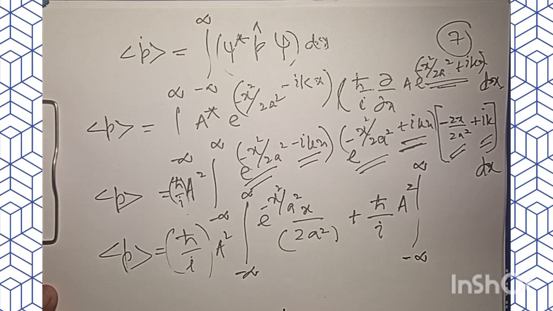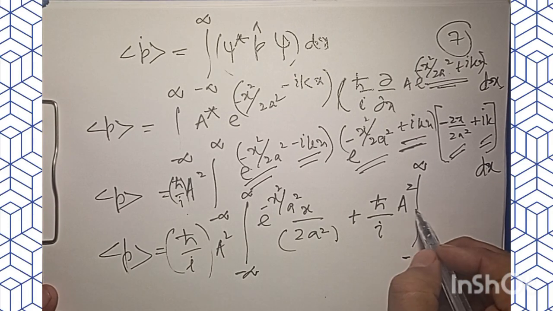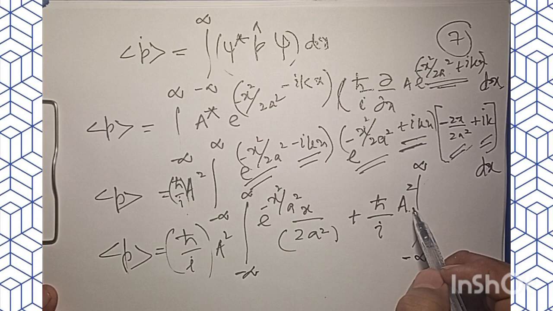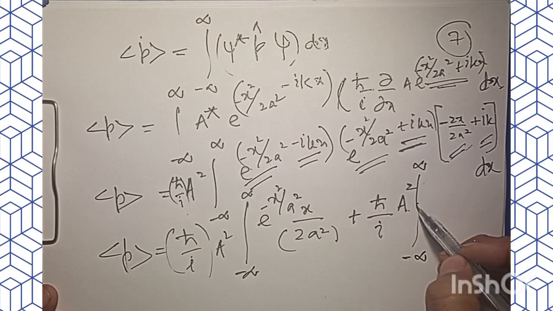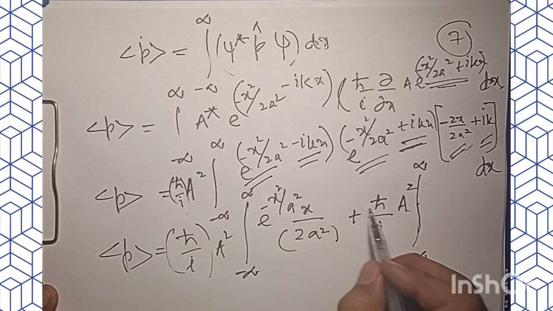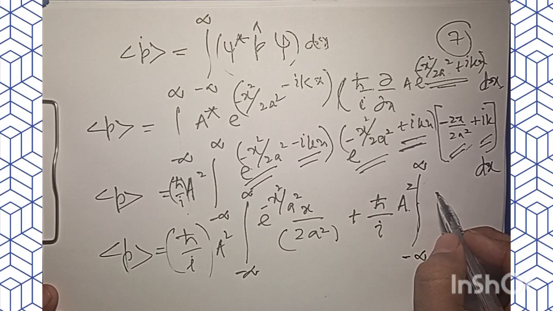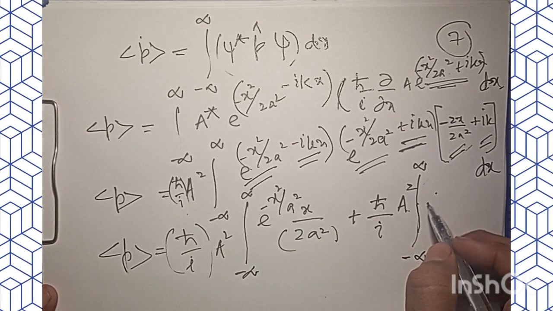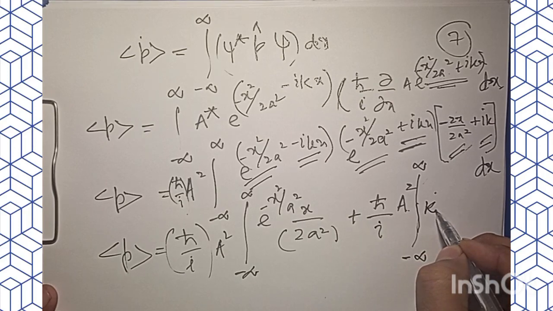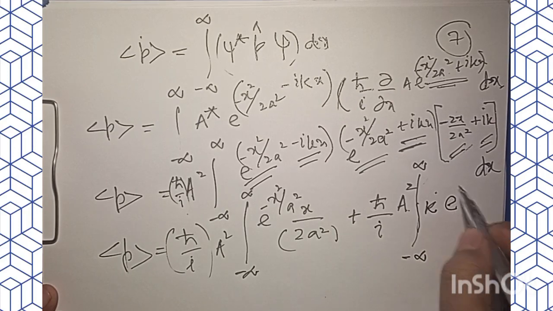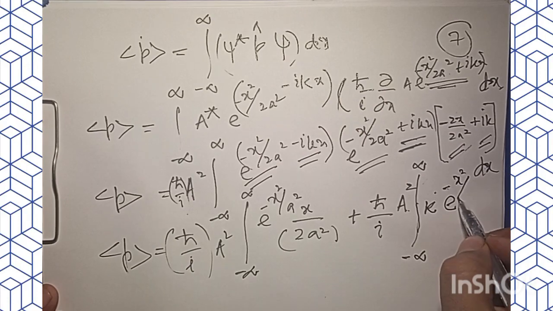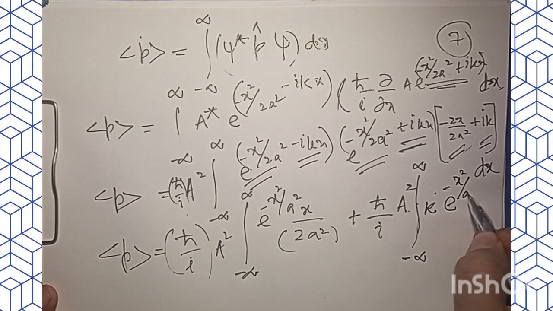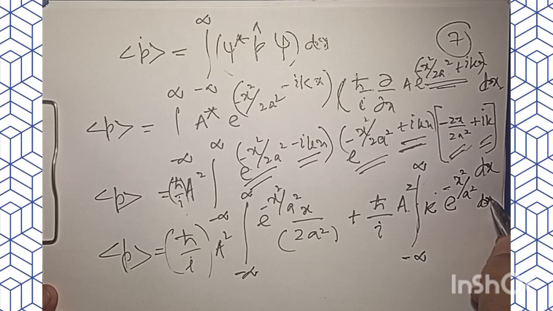It will have its own h cross, so that the h cross is given here. So here I'm going to have k, e to the power of minus x square by a square dx. This should be the case.